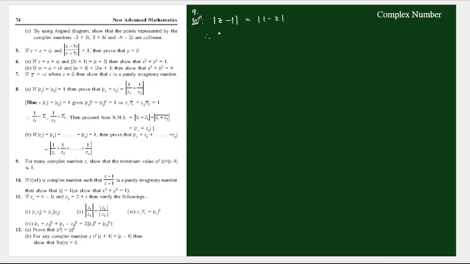So the sum, this one is given in the equation, can be written as modulus z plus modulus of 1 minus z.